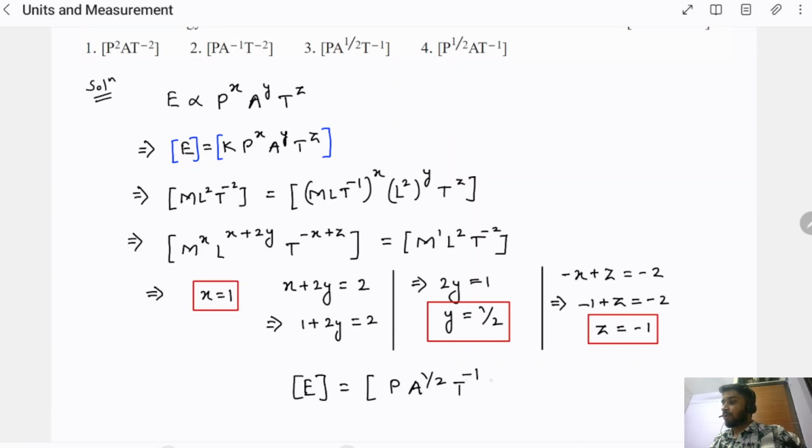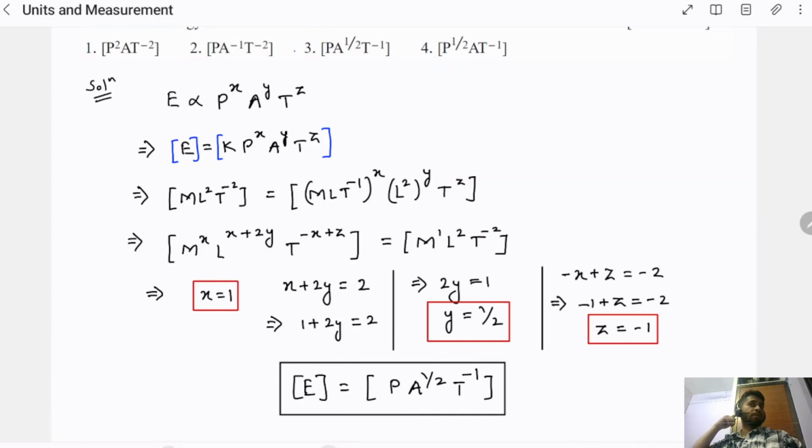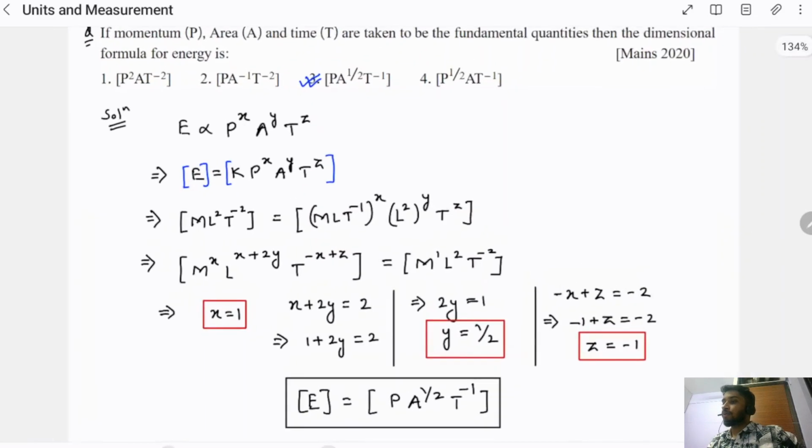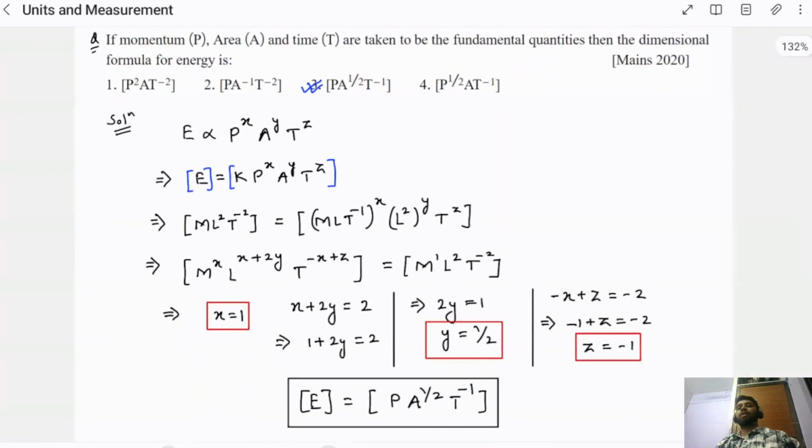So from here we can see that the answer comes out as, sorry, not the second option, the third option. So the answer will be the third option, that is p a to the power 1 by 2 t to the power minus 1. Okay, you can have a look at it.